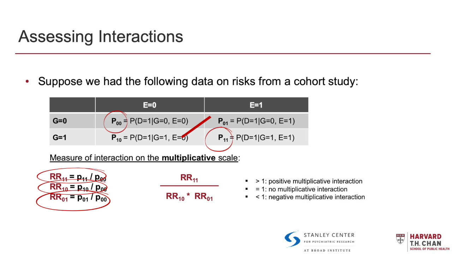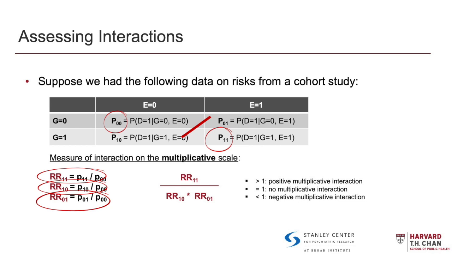In this case, instead of taking 0, which was on a risk difference scale, we would take 1 as our reference value. If it's greater than 1, there's evidence of positive multiplicative interaction. If it's 1, there is no evidence of multiplicative interaction. And if it's less than 1, we would say evidence of negative multiplicative interaction.